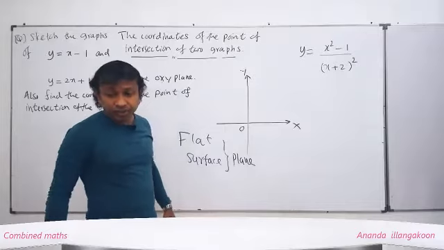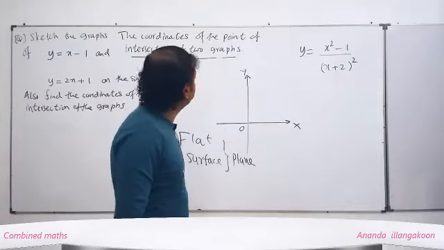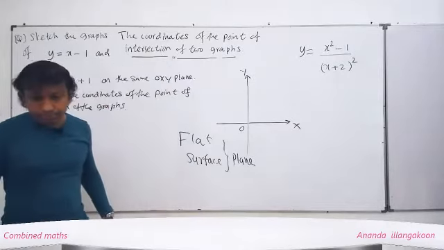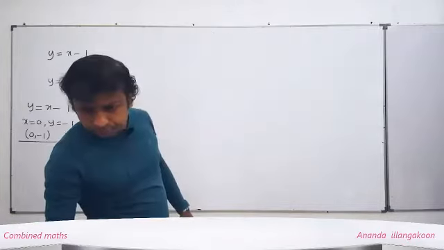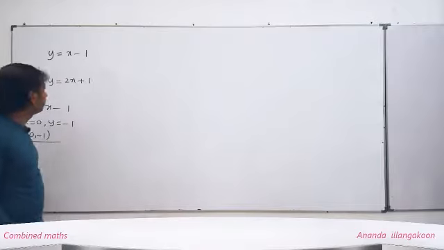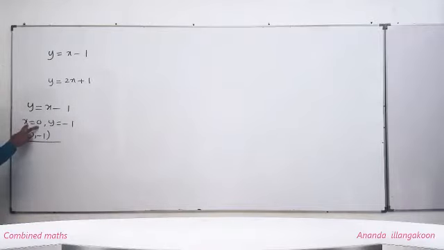So now start, people. Draw the diagram. Put x equals 0. I am first going to draw this one. I need 2 points on that. Put x equals 0 here: 0 minus 1 is -1, so y is -1.